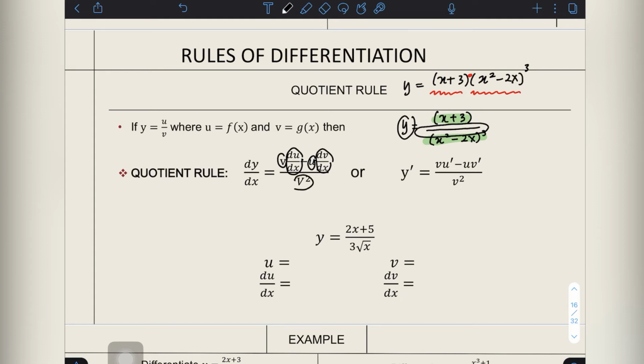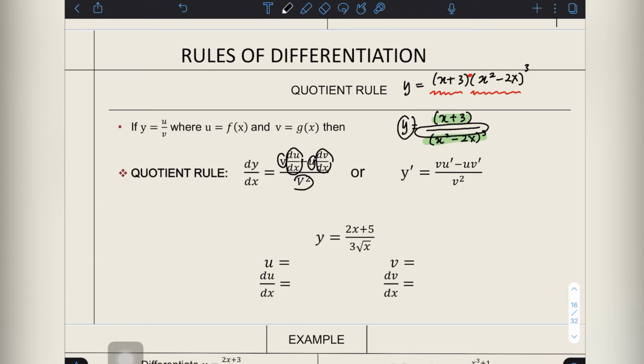Okay, so this one is the formula. The steps are similar: the first step is to write the two different equations in u and v notation, and then we find the derivative of u and v with respect to x. Let's see the example here.